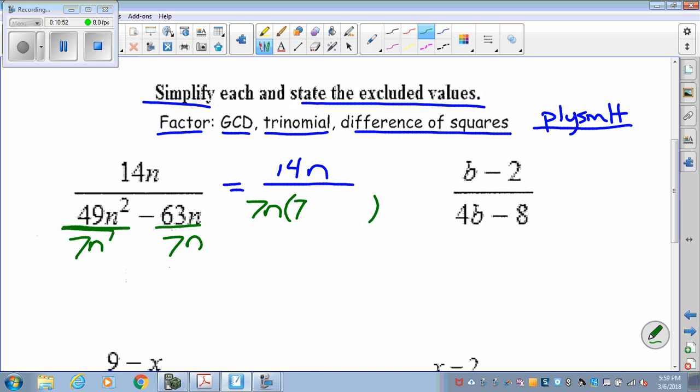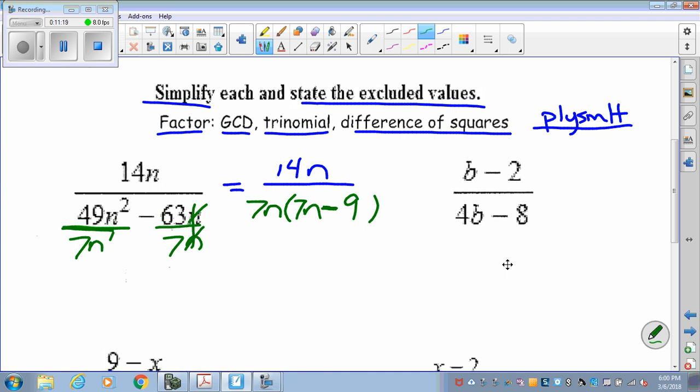N minus 1 is 1. And then now I have negative 63, so negative divided by positive is a negative, and 63 divided by 7 is 9, and then n divided by n, well, those are the same, so they go away. That equals 1, right? That's 1, and 1 times 9 is 9.